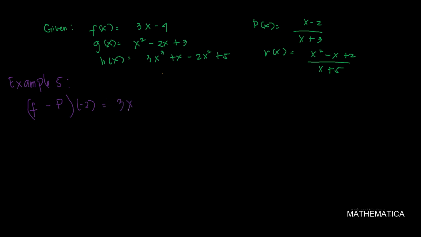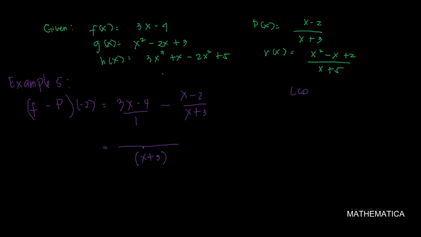So, we have 3x minus 4 minus x minus 2 over x plus 3. So, like what we did a while ago, we have to look for the LCD. So, dito sa given natin, ang pwede natin maging LCD, ito para maging balance equation natin, we can write denominator na 1 here. So, since we only have 1 and x plus 3 na denominator, we can say that our LCD is x plus 3.